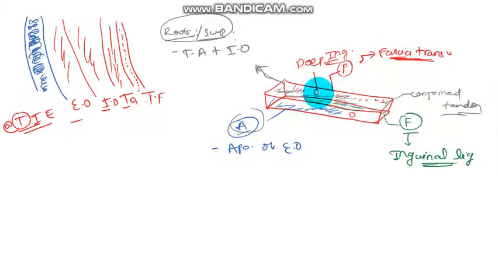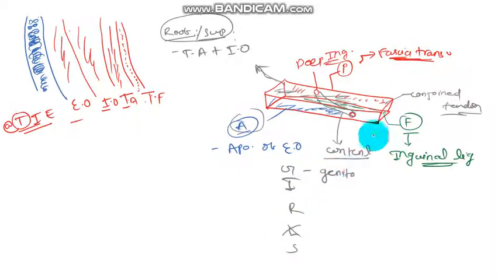Now let us see about the content. This is the inguinal canal, which is 3 cm long and 2 cm in diameter, and its contents we can remember through this mnemonic: GIRLS. So cancel this L. We have G for genitofemoral nerve. So here we get the genitofemoral nerve.